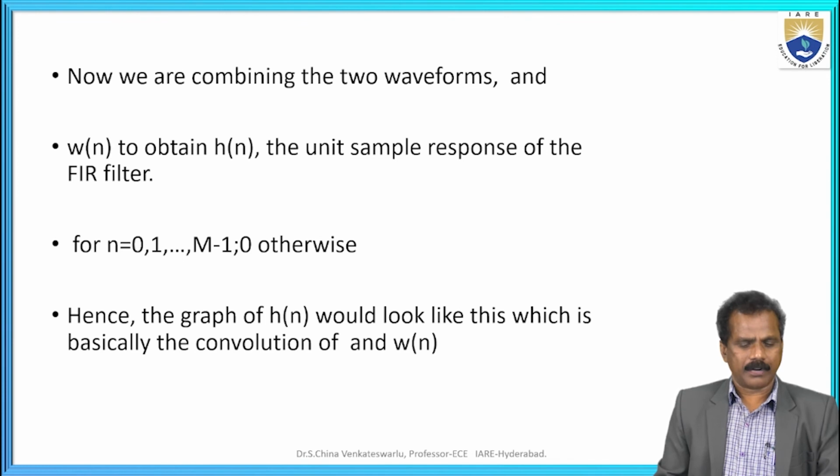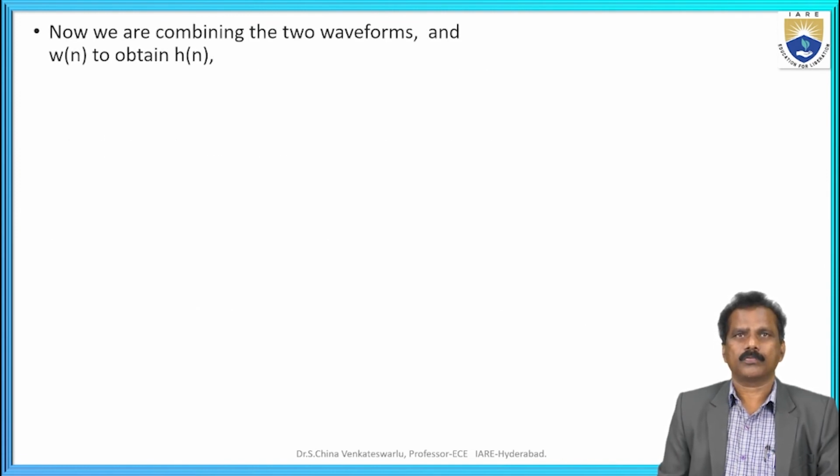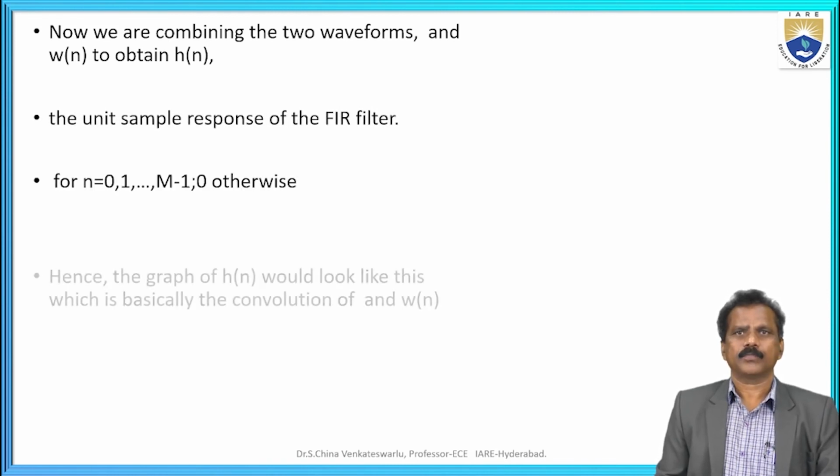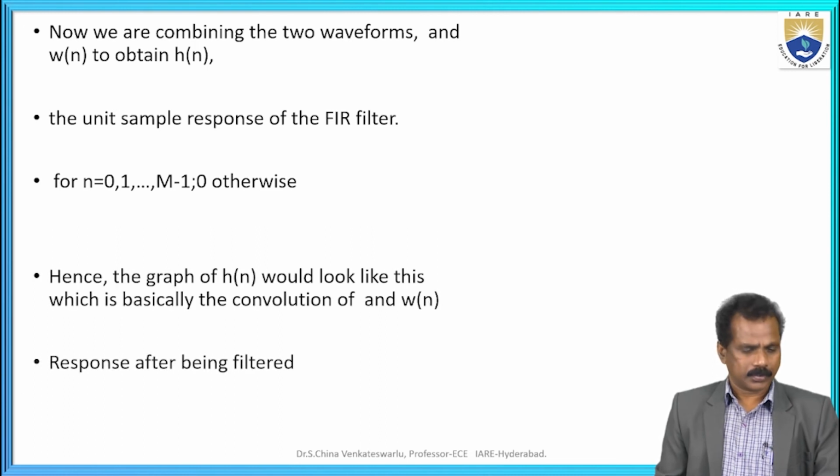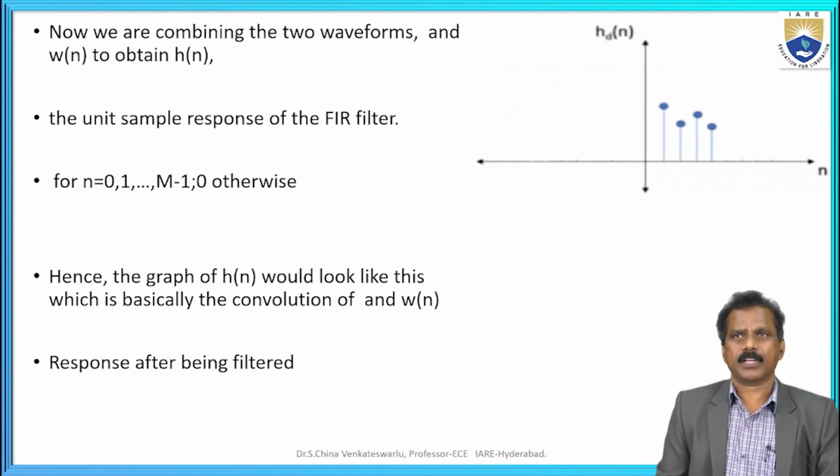Hence the graph of H of omega would look like this, which is basically the convolution of W of n. We will expect the unit sample response of the FIR filter to look like this, n versus h of n.